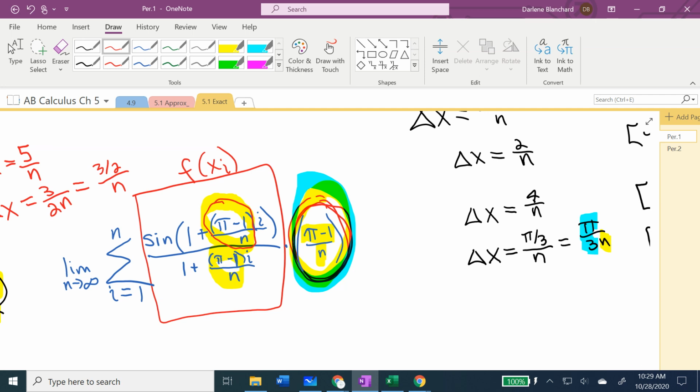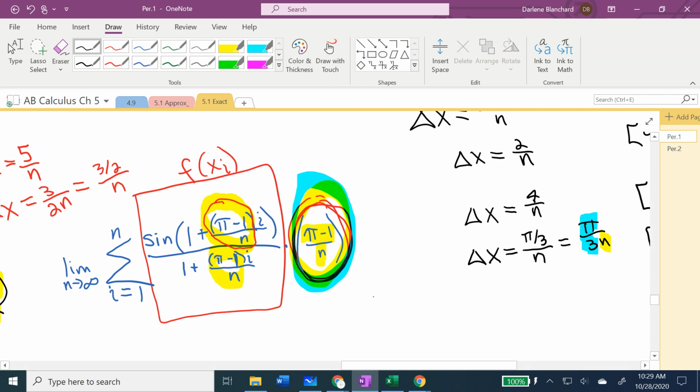And then where else do you see that particular formula? And it's already highlighted, you can see. You should be finding that formula inside of f of x sub I multiplied by I.